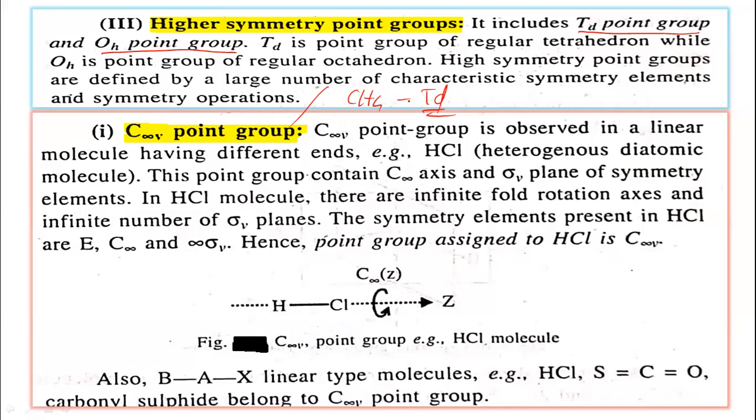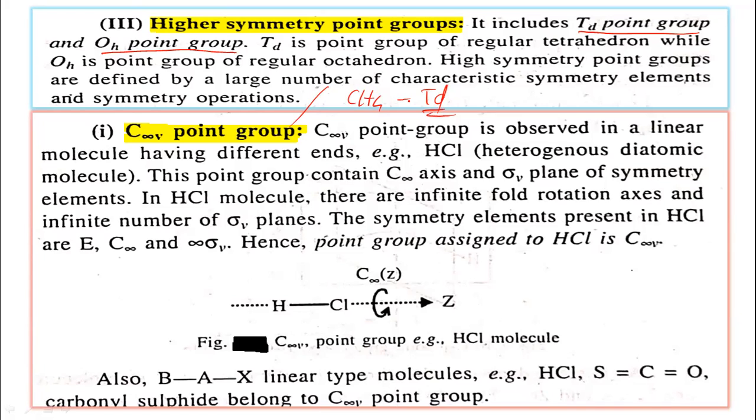We know that a point group is the collection of all the symmetry elements and symmetry operations which are present in the molecule. A molecule has different kinds of symmetry elements. So by collecting all those symmetry elements, by certain rules, a specific point group is given to the molecule.